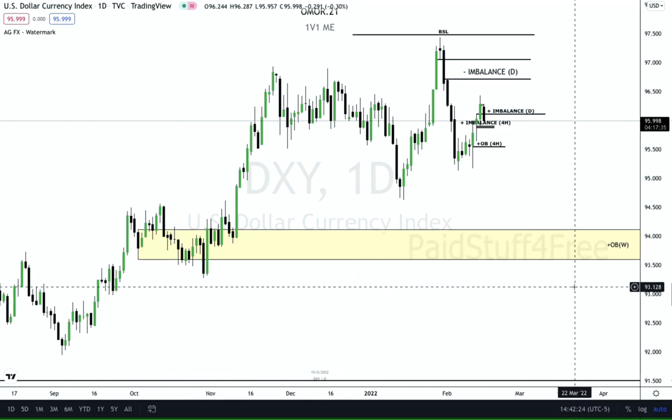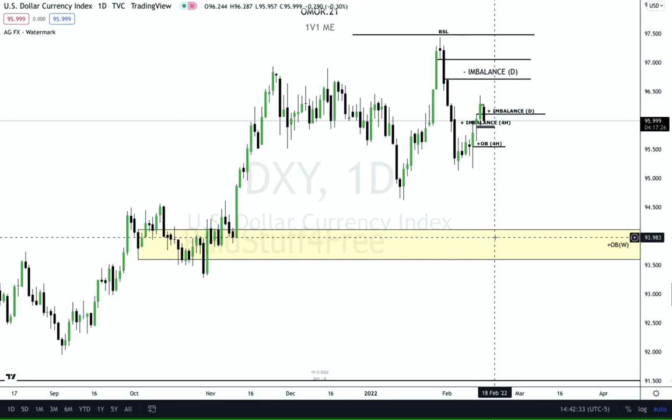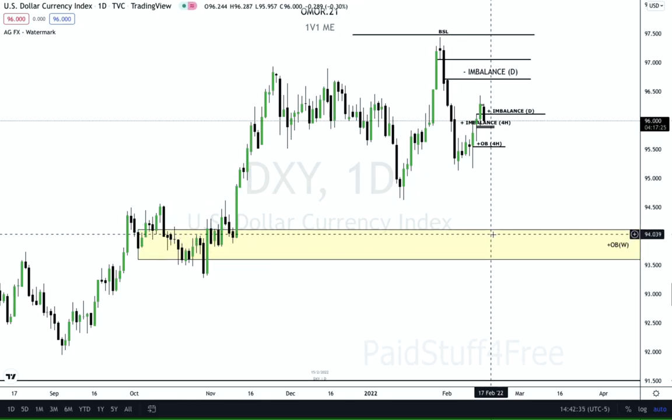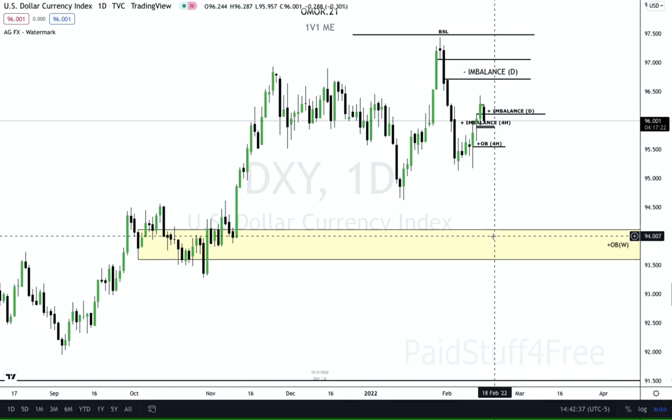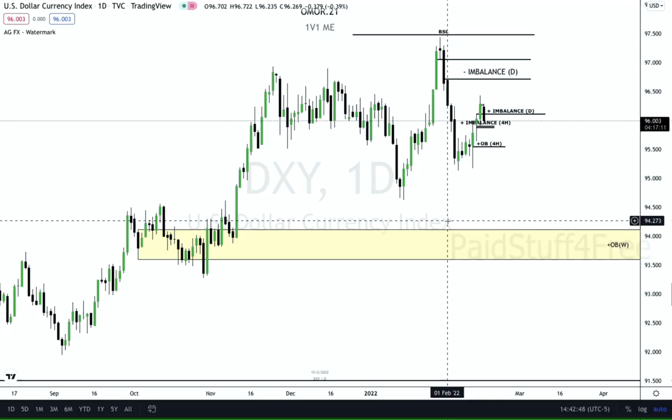For this lesson, because I want everyone to be on the same level, I want you to understand that the market is run on an algorithm called the price delivery algorithm. That algorithm seeks to deliver liquidity in the market whilst filling inefficiencies.